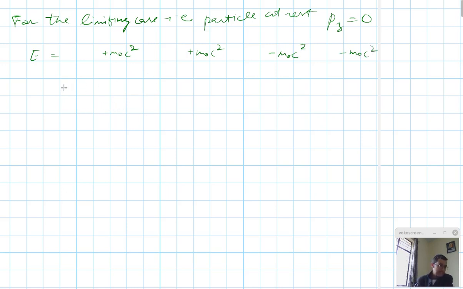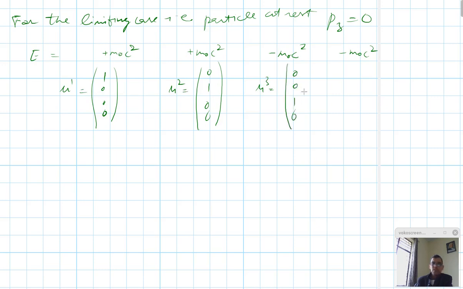So for this we are getting u1 as 1 0 0 0, u2 as 0 1 0 0, u3 as 0 0 1 0 and u4 as 0 0 0 1. These are the solutions which we are getting, and we call this the spin up, this the spin down, this the up spin, and this the down spin.